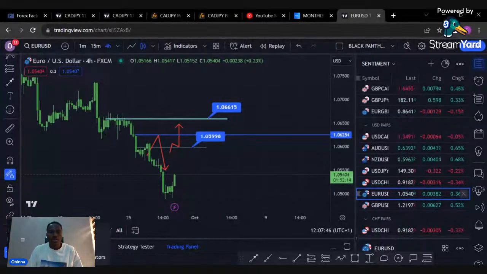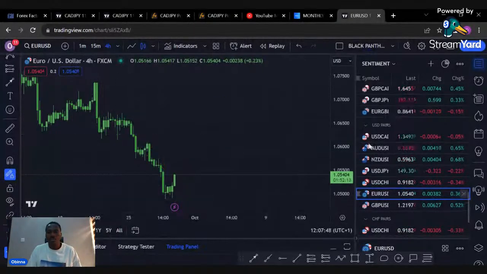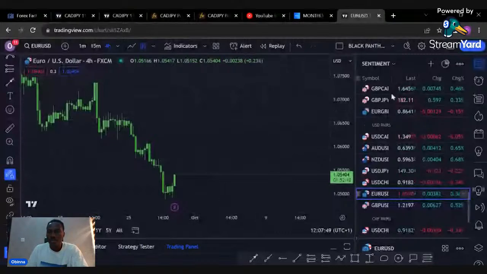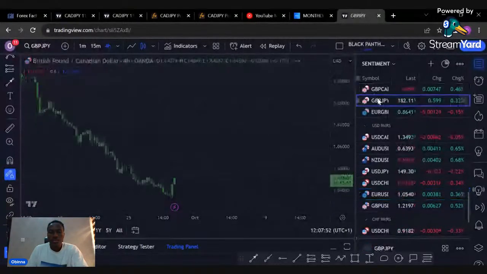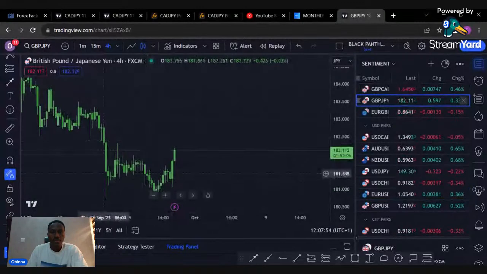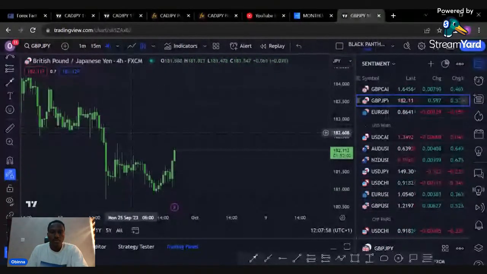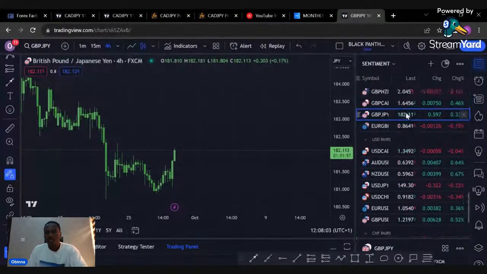Let me look at GU again. GU and GJ move almost the same. Let me start with GU, then I move to GJ.